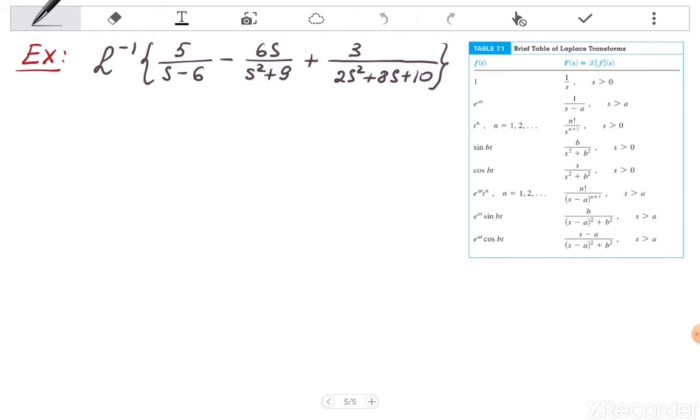So, example, we need to find the inverse Laplace transform of these three fractions.